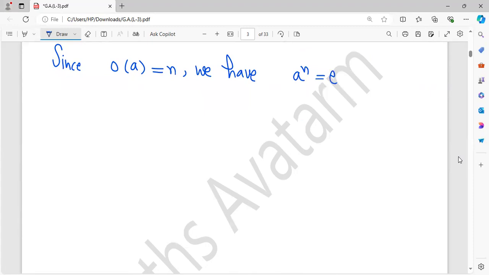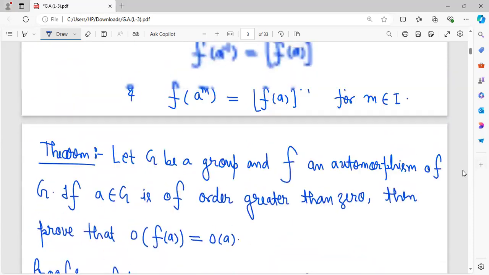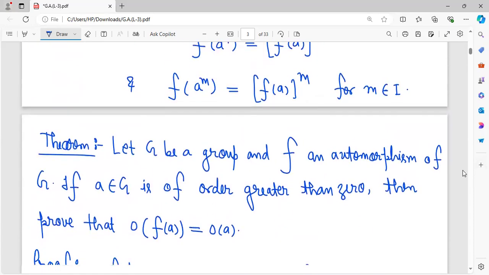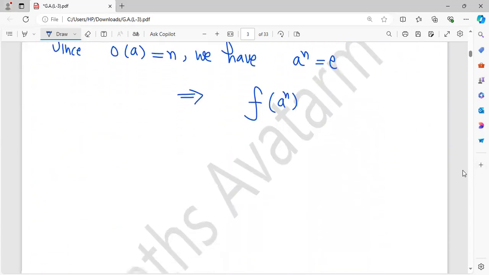So this implies I can operate automorphism f on both sides.